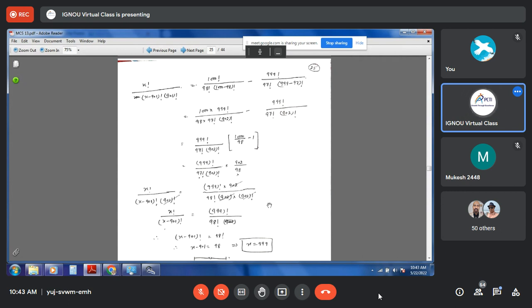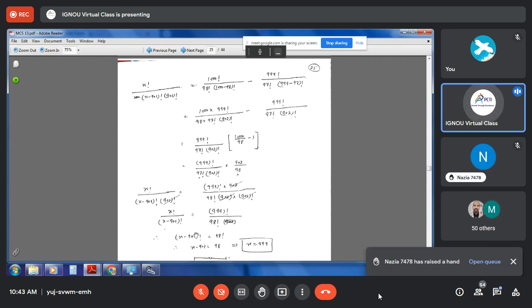The second theorem says if a factorial is equal to b factorial, then a is equal to b. By using this theorem, we get x minus 901 is equal to 98 and x is equal to 999. That is the complete solution.